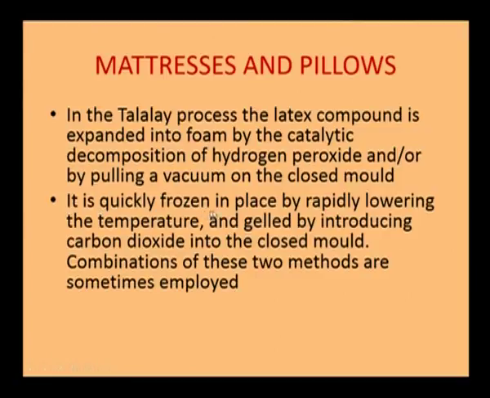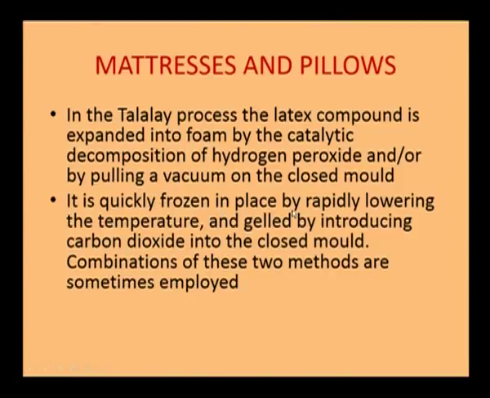It is quickly frozen in place by rapidly lowering the temperature. So, these are continuous processes, you should not break and do. When it is frozen, if you are going to vulcanize it, before that you have to do the freezing process, then you do vulcanization.